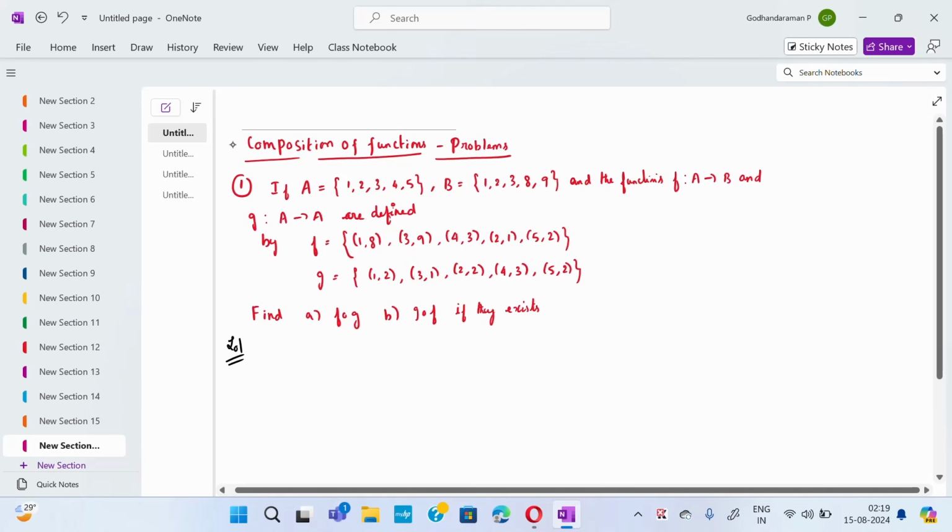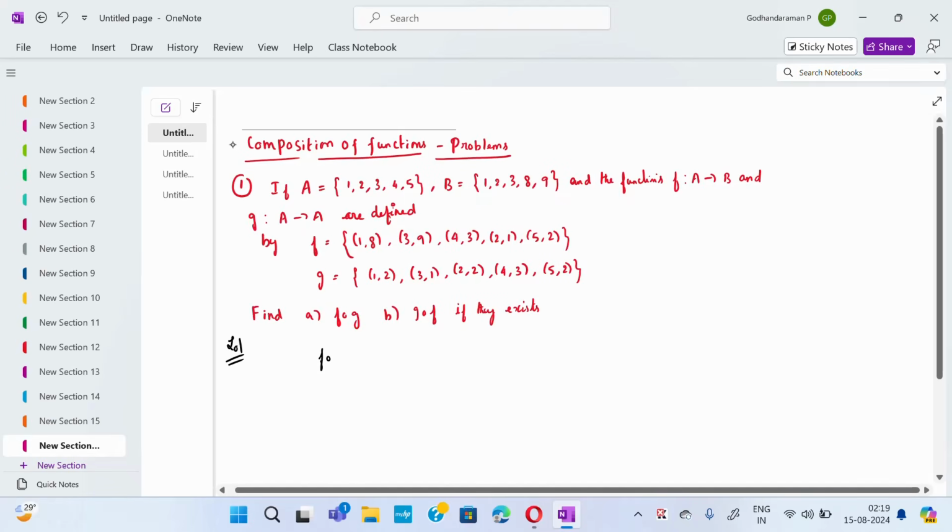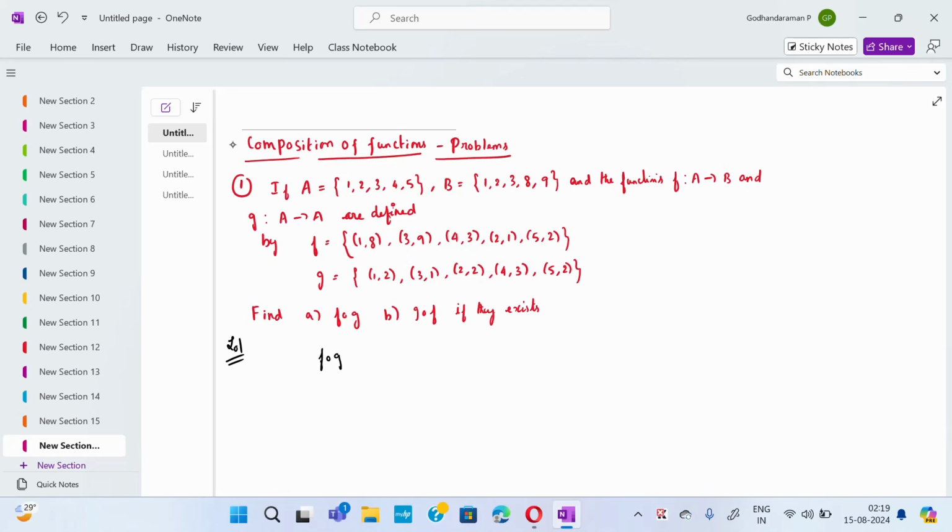So first we'll find F composition G. F composition G of all the elements, meaning G elements.